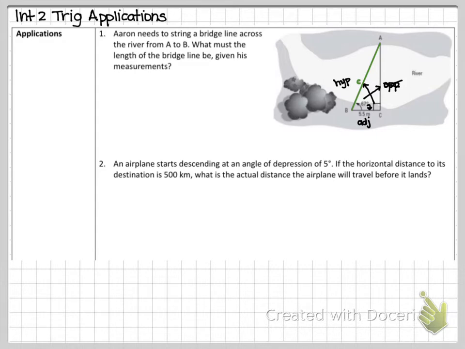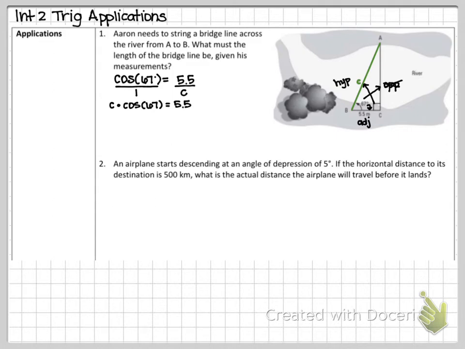So we know that cosine of the angle, which is 67 degrees, is equal to the adjacent side, which is 5.5, over the hypotenuse, which we don't know, which is c. Since I know the angle, I don't need to do inverse trig, so I'm just going to set up my ratio. c times cosine of 67 is going to give me 5.5.